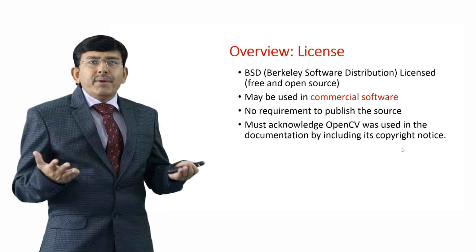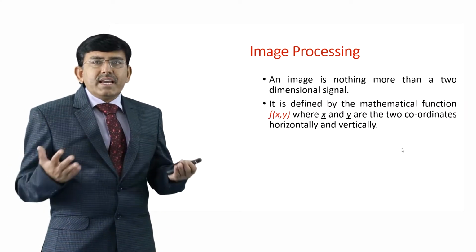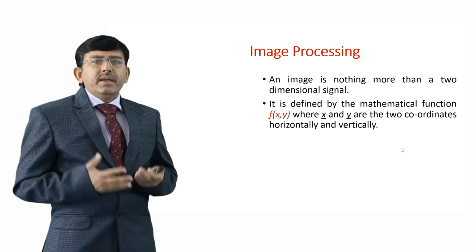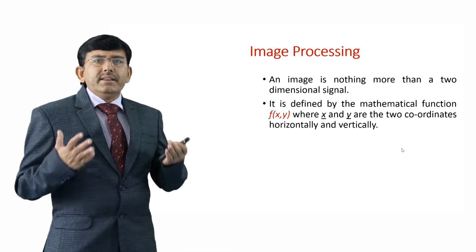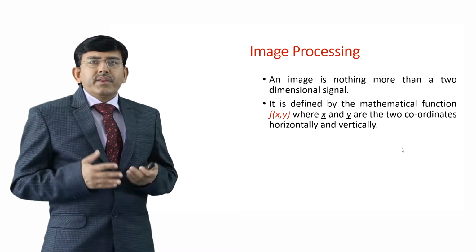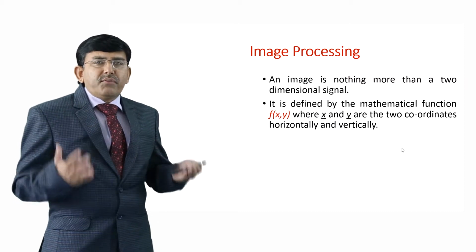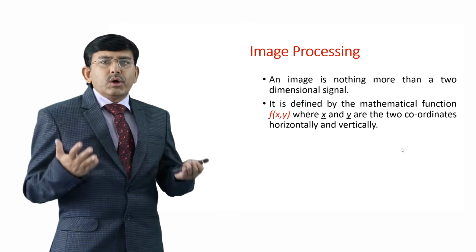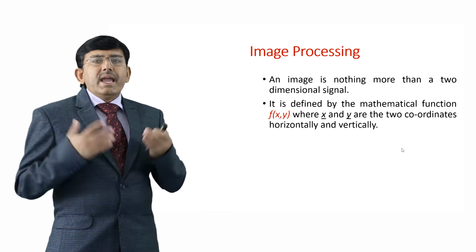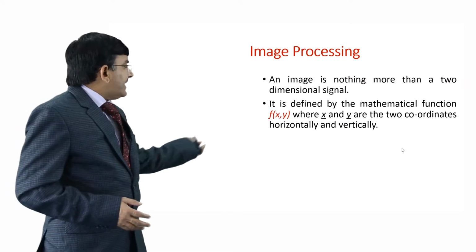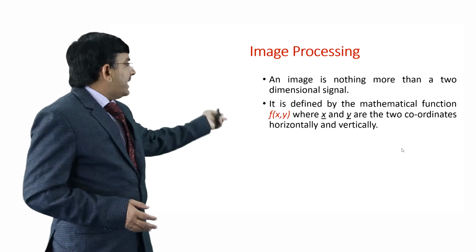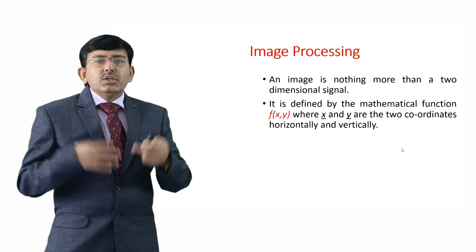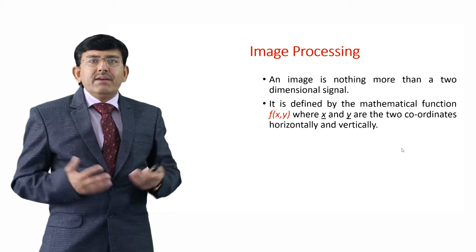Now let us see image processing and its steps, and how to implement them in OpenCV and MATLAB. An image is nothing more than a two-dimensional signal. It is defined by the mathematical function f of x y, where x and y are the two coordinates, horizontal and vertical, located in the image. From that f of x y, we get a matrix from which we can process the gray levels.